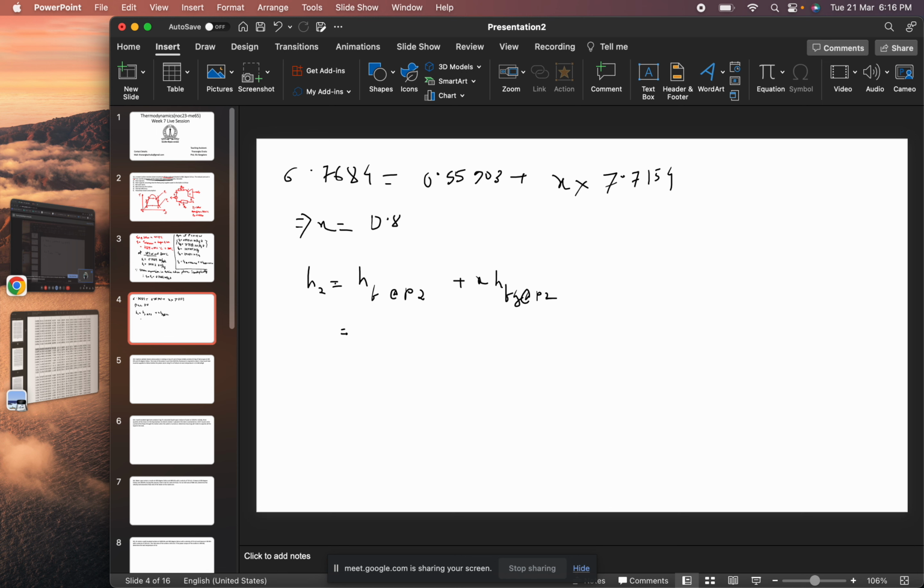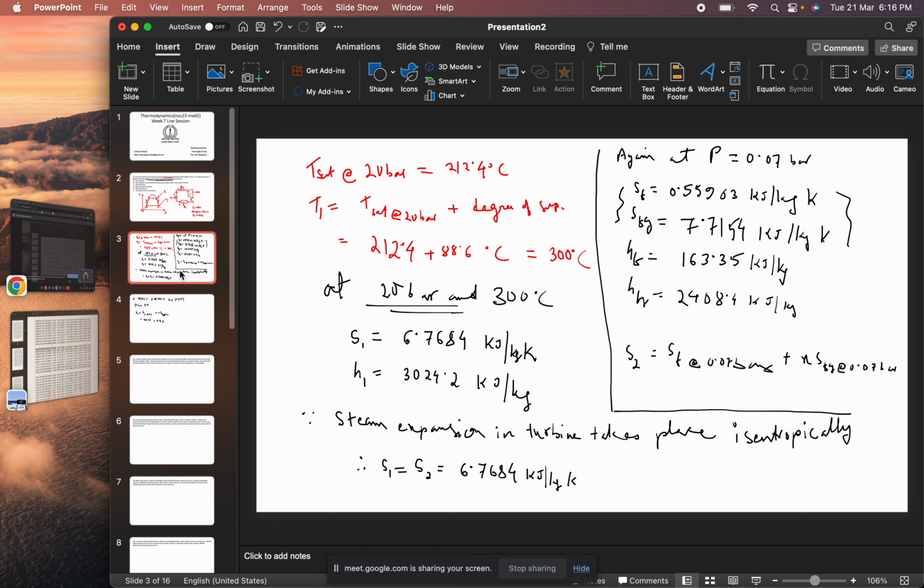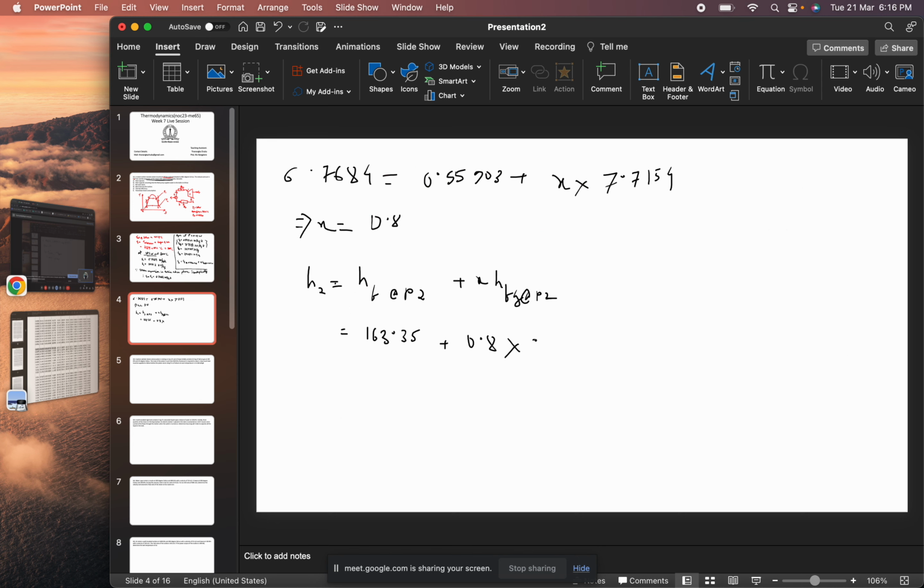So this will be 163.35 plus 0.8 times 2408.4 kilojoule per kg.